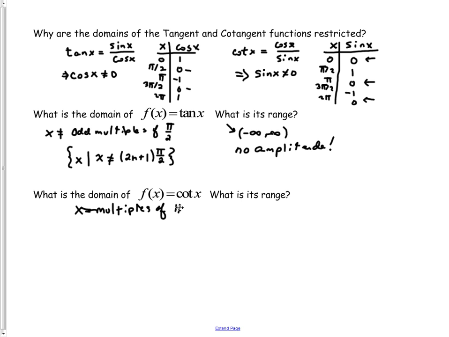And our way of stating that, if we're going to exclude these values from our domain, is to state that the domain of cotangent of x will be the set of all x such that x does not equal n times pi, where n is in the set of integers. And like tangent, the cotangent range is also all real numbers. Again, it has no amplitude.